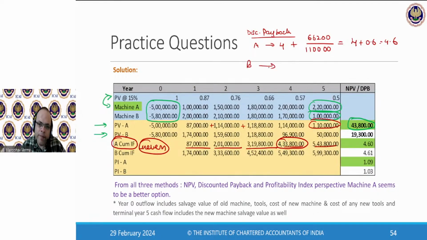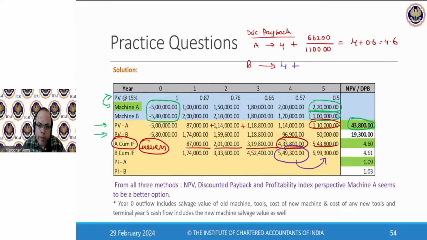Similarly for B, we invested 5,80,000. That is also recovered after the fourth year, so for B also it is 4 plus. We are left with 5,80,000 minus 549,300. The cumulative inflows till the fourth year are 549,300.